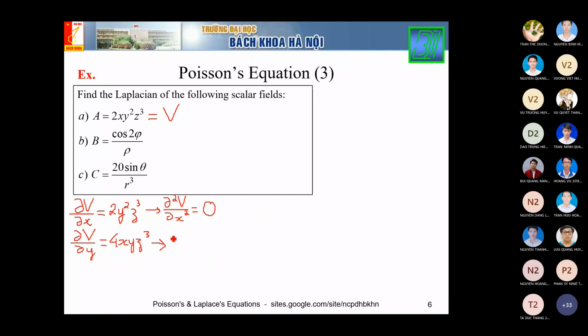And then we do this one more time using the just found result. So the second order partial derivative of V with respect to y will be 4xz to the power 3.